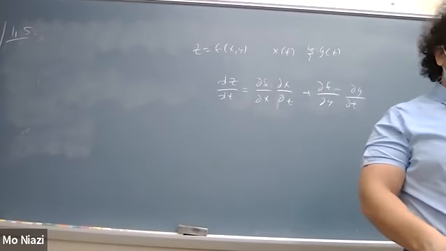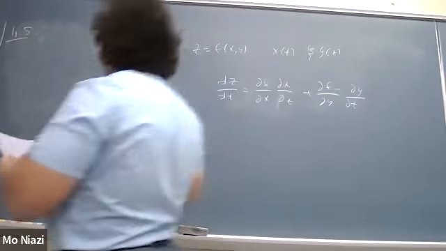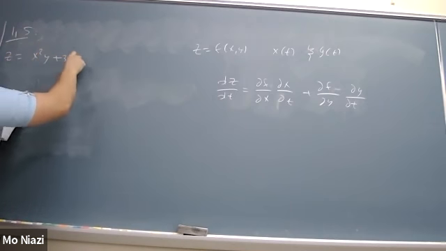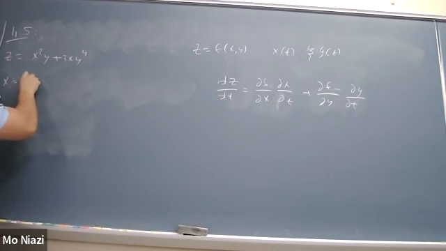So let's say z, for instance, is equal to x squared y plus 3xy to the fourth. Let's say x is set equal to sine of 2t, and y is set equal to the cosine of t. All right. So we aspire to find what is the total derivative dz dt.